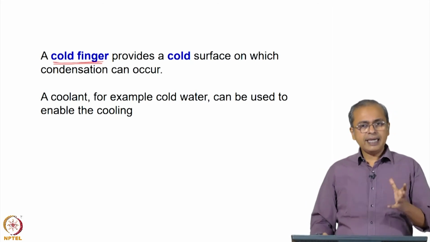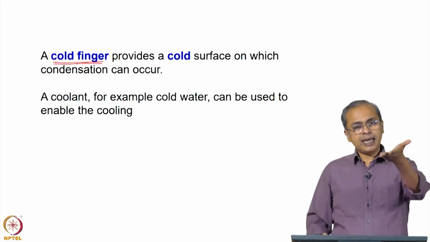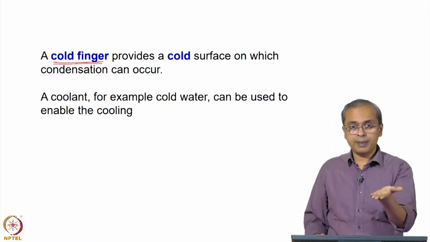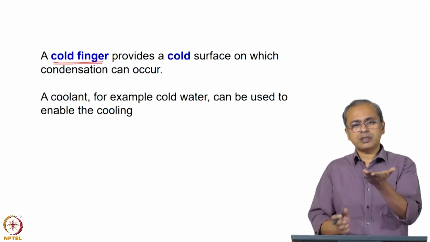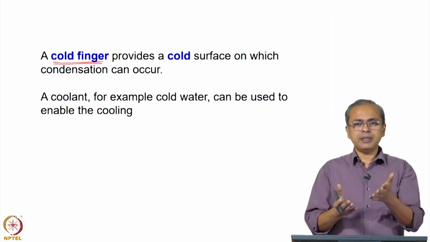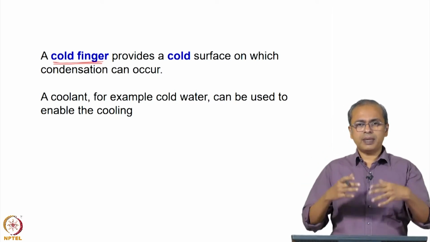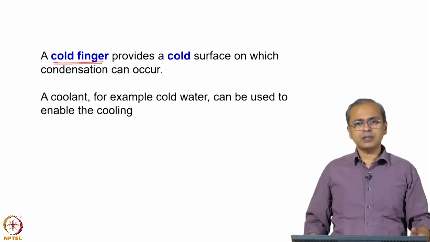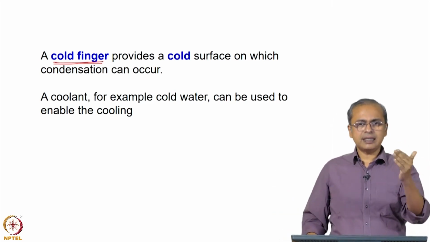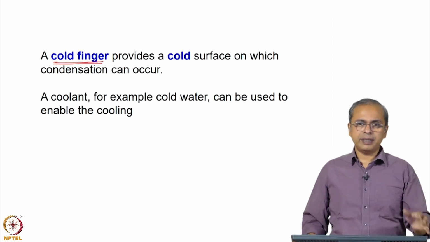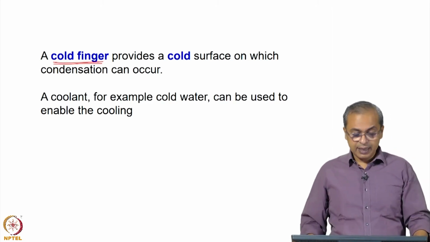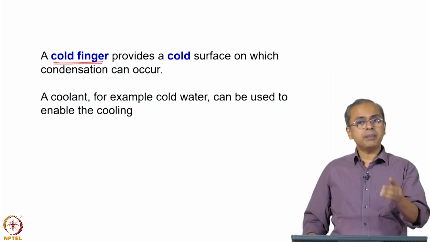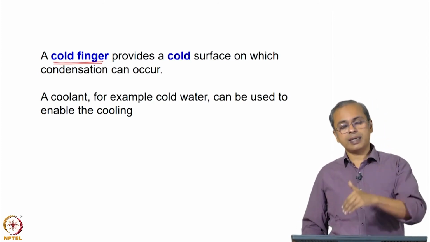So the idea is simply this, that you can have a substrate which is just sitting there, which when you loaded was sitting at room temperature, and then as the evaporation and condensation processes happen, based on how the chamber is operating, based on any other heat that is getting generated in the process, the substrate may stay around room temperature. That is basically what you are likely to see, but you can assist the condensation process by deliberately keeping that surface at a colder temperature.